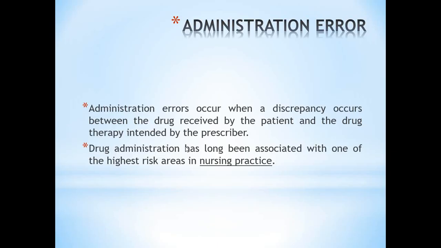At the time of administration, if the wrong drug was given to the patient or the drug was given to the wrong patient, it may produce harm or cause death to the patient.